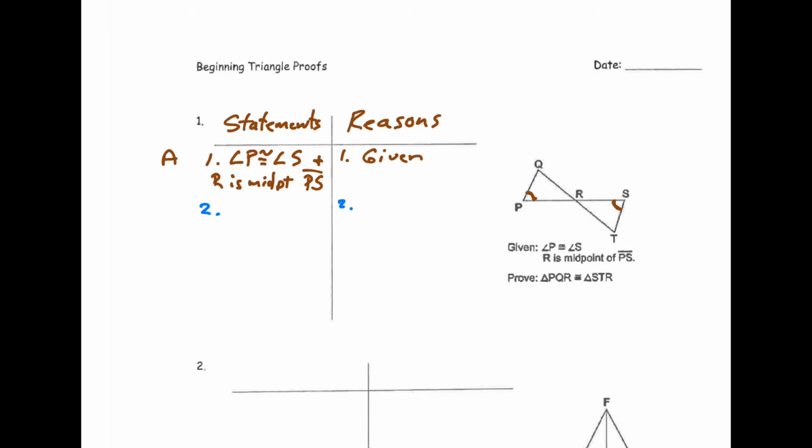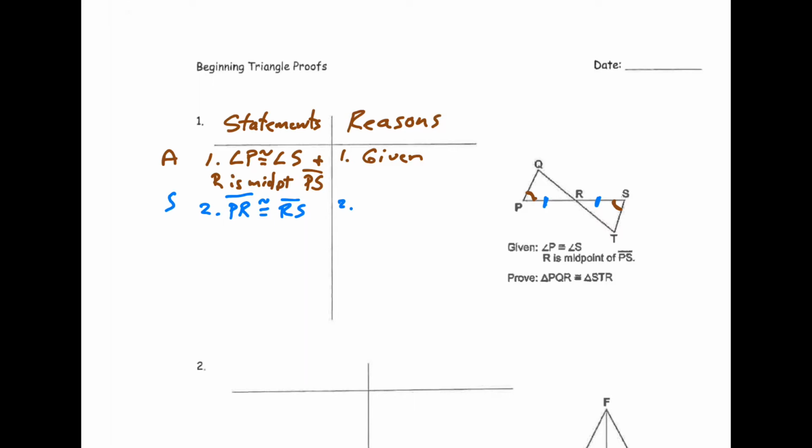That first part of the givens is already used, but we haven't done anything with R as the midpoint of PS. And if R is the midpoint of PS, that means it cuts this into two equal sections or two congruent segments. So I can say that segment PR is congruent to segment RS. And that's going to be a side that is congruent.